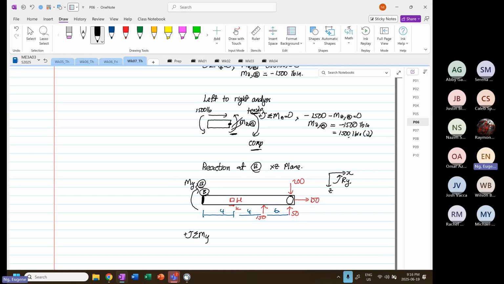So we are going to take summation of moment in the y direction equal to 0. We're going to take moment at point B. So we will have minus My at point B, because it's going clockwise, then plus 150 multiplied by 8, because we are taking from point B, then plus 50 multiplied by 14, then minus 200 multiplied by 14.